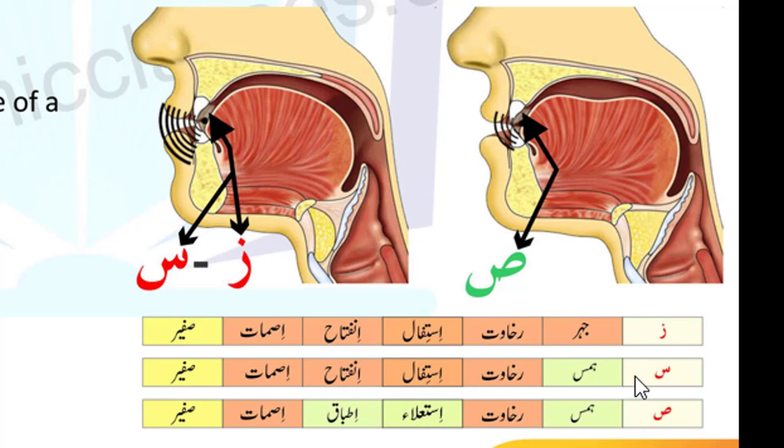And what are they? In the za it's al-jahr quality. In the sin you can see it is al-hams quality. Al-hams means the flow of air, like we say as, which is the continuation of the breath. Okay. And in za, what happened?